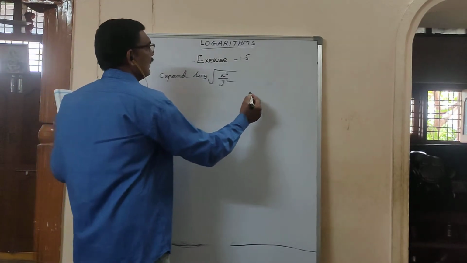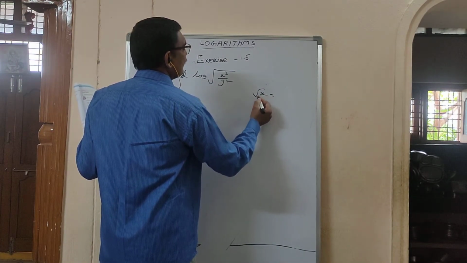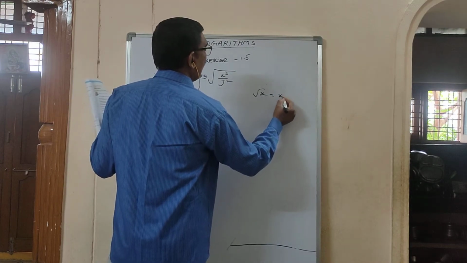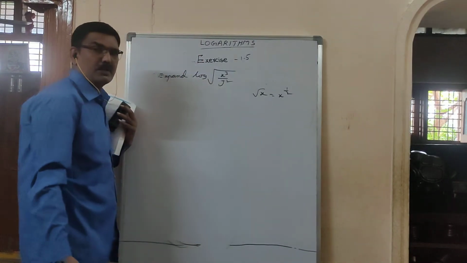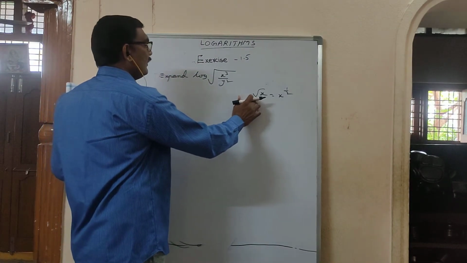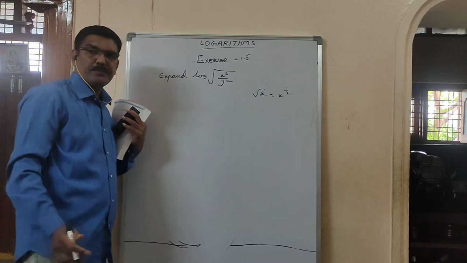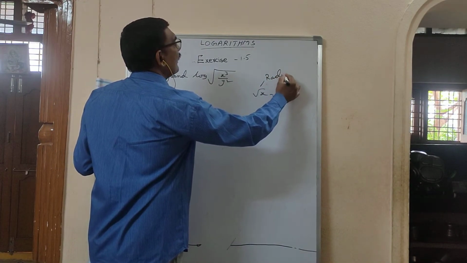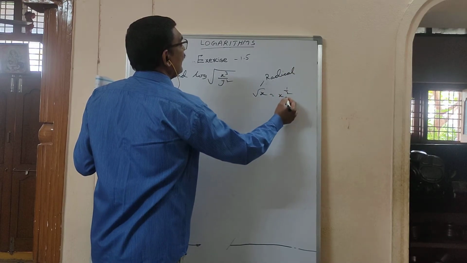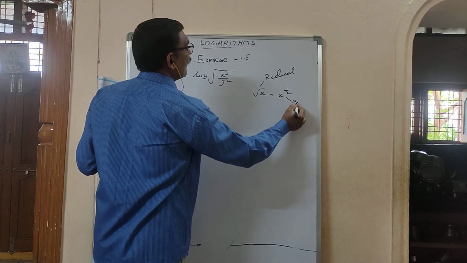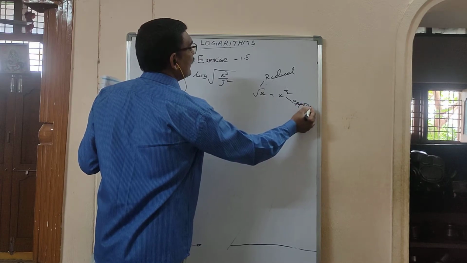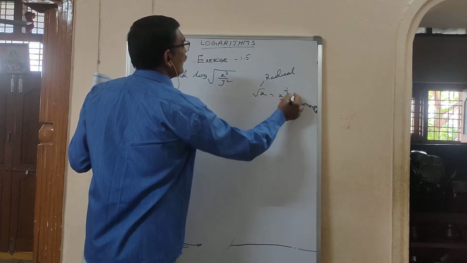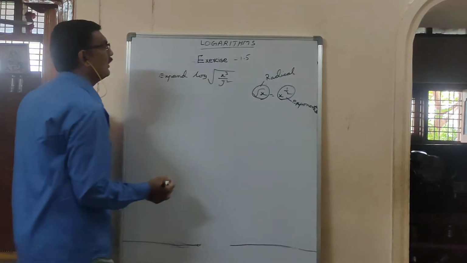Already you know that root x, this symbol, states that it is square root. In its exponential form, if you write x to the power of 1 by 2, it becomes. Root is called radical form, and this is called exponential form.